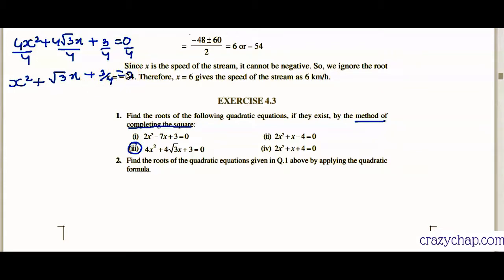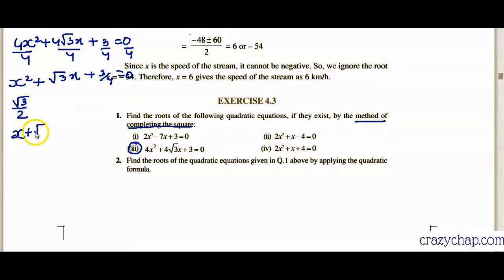Right? Okay. And then the first step is whatever be the x coefficient you divide by 2. So square root 3 has been divided by 2. Now we'll use the completing square thing. So we get x and this number we'll use.